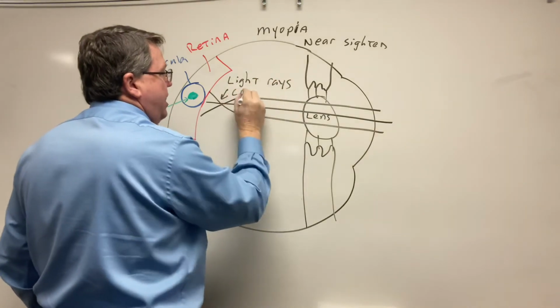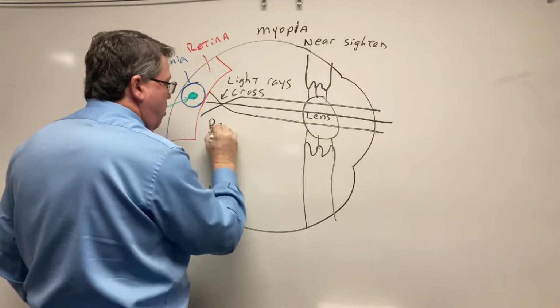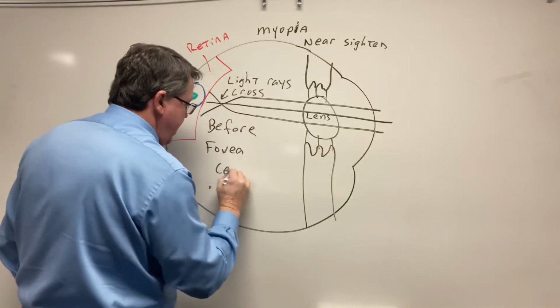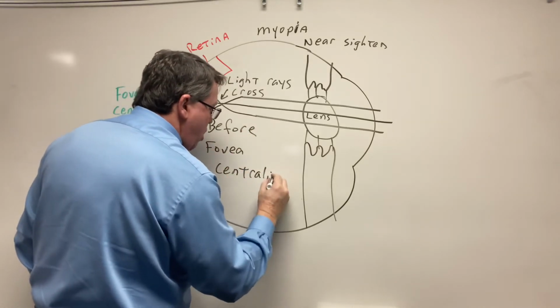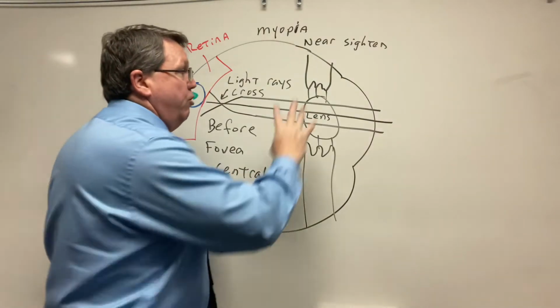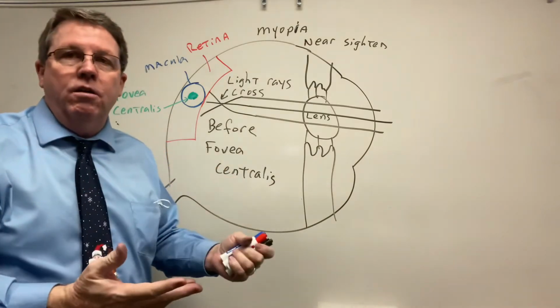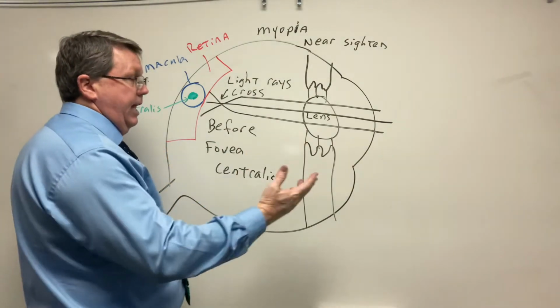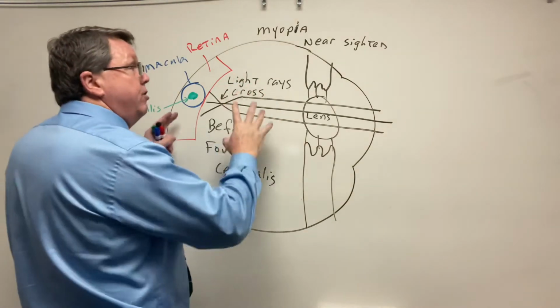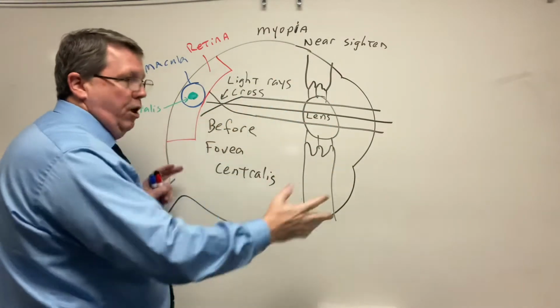Light rays cross before the Fovea Centralis, okay? So now, why? There's a few things. As we get older, the lens becomes less flexible, so it's not able to adapt to close and near objects as much as it can in a younger person. Or you may get something called astigmatism. And in astigmatism, the shape of the eyeball changes.